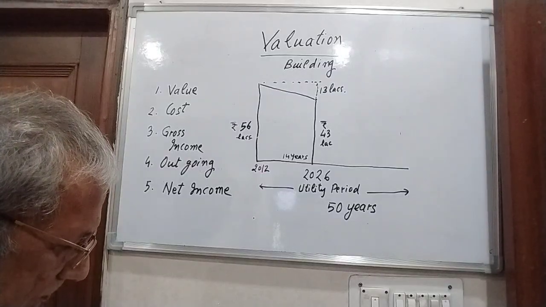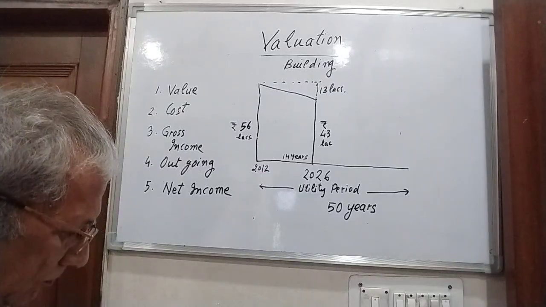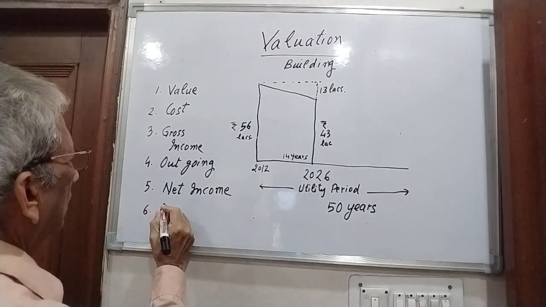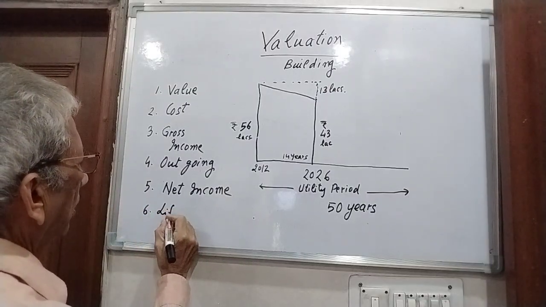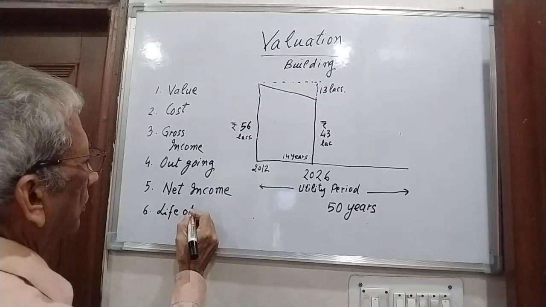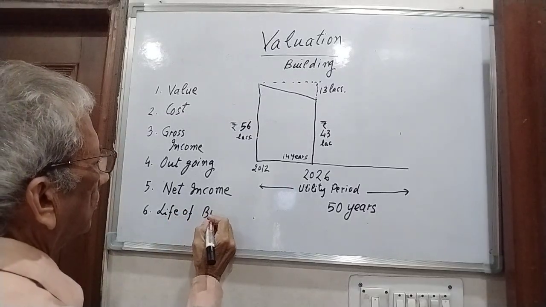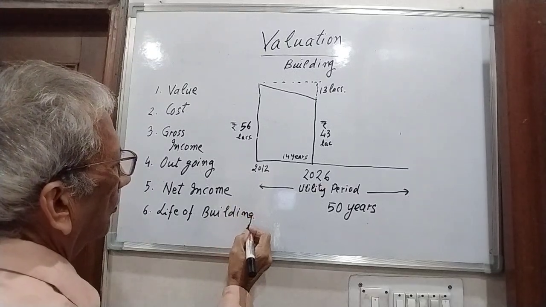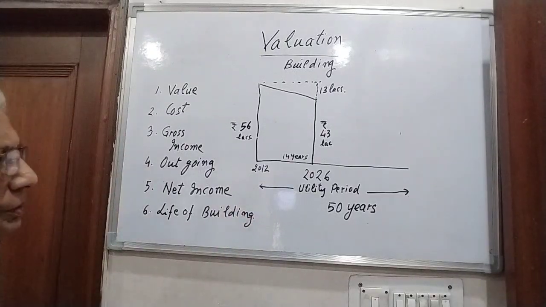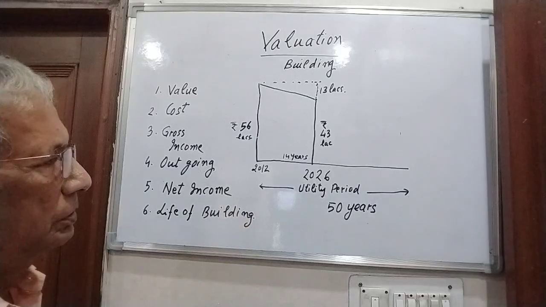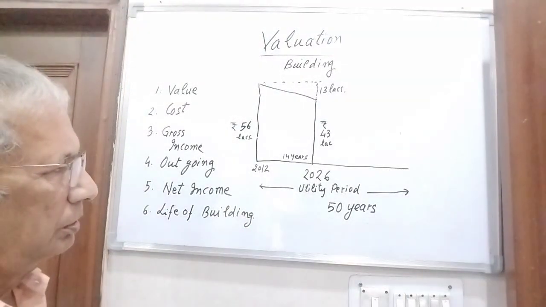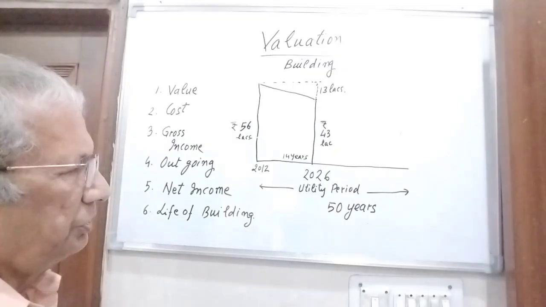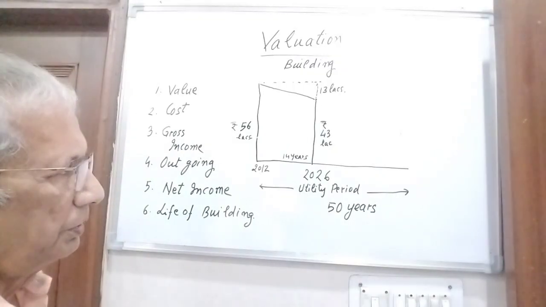Now after that, life of building. Life of building means that period. Here we have taken as an example 50 years. The life of a building is 50 years.